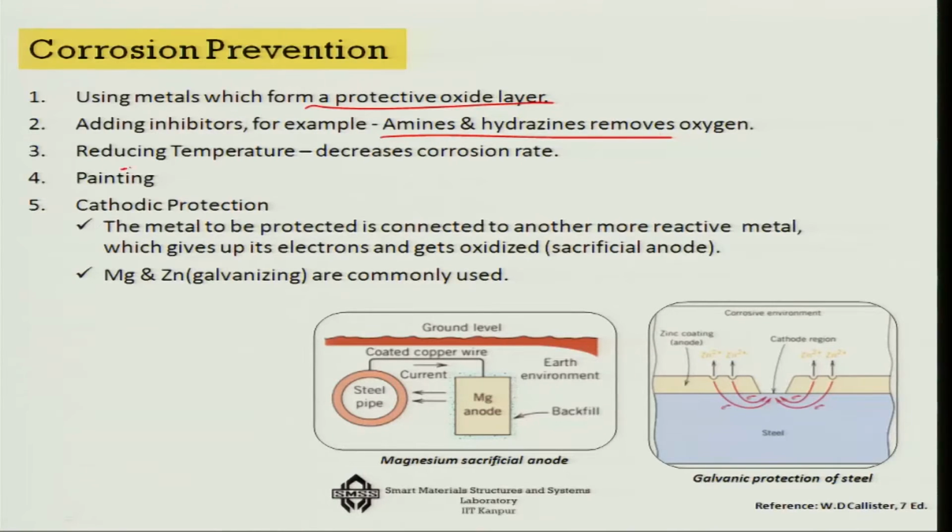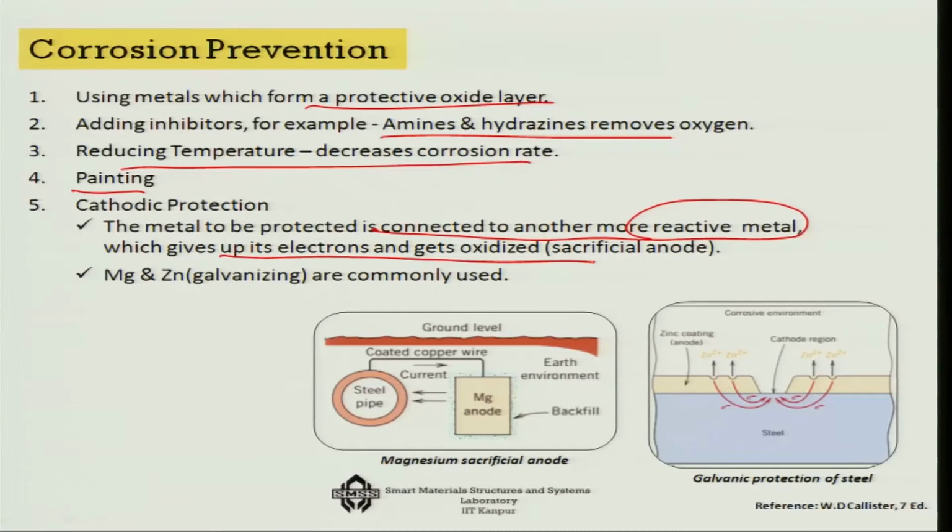Another is to reduce temperature, because we have seen that corrosion increases at high temperature. So, reduce the temperature, and the corrosion rate decreases. Apply paints or chemical coatings, or go for cathodic protection, where the metal to be protected is connected to another more reactive metal, which gives up its electrons and gets readily oxidized in a sacrificial mode.